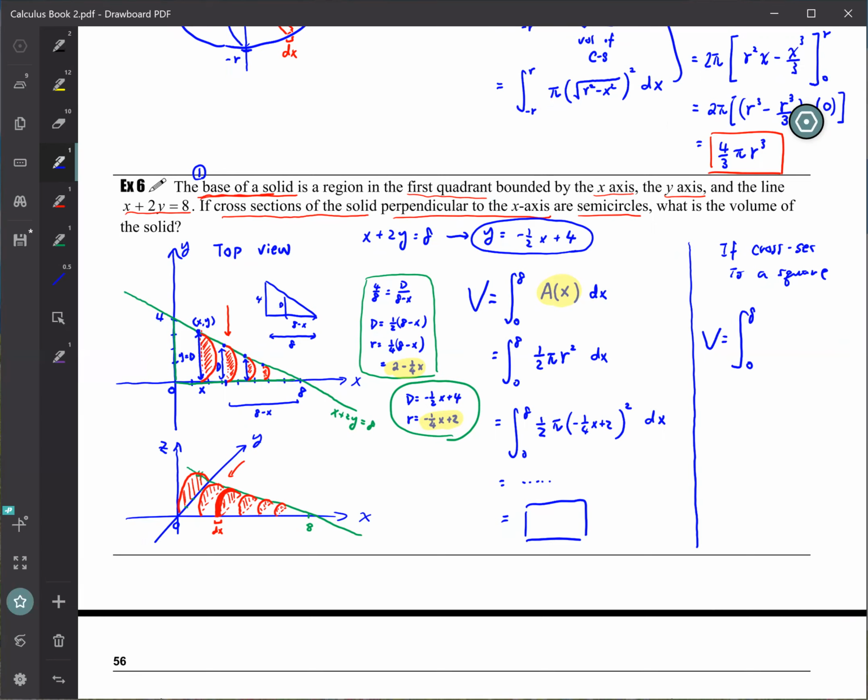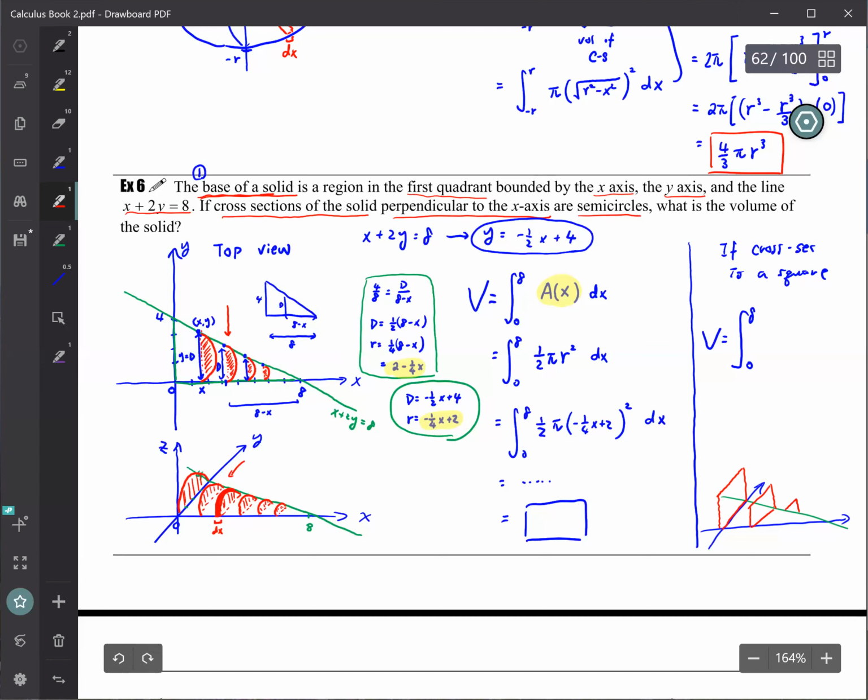So the 3D, I'll draw a little picture quickly. The square will be standing up. That's one of the squares. And then you could have another one. The further to the right, the smaller it is, right? Square, and then another square. Wait, Jason. Yeah.